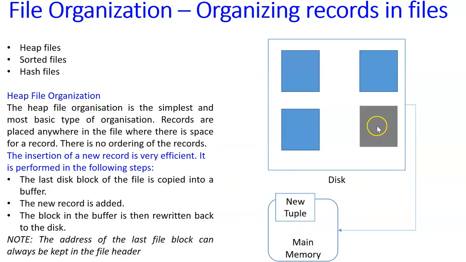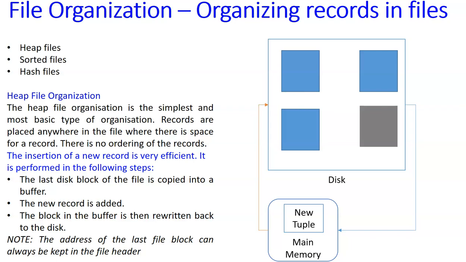A record, or a tuple, is going to be added to that particular block. After the tuple has been added, this block is going to be copied back onto the disk. So that is the process of how the insertion of a new record is done in the heap file.